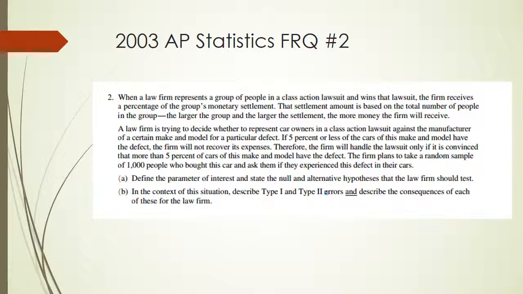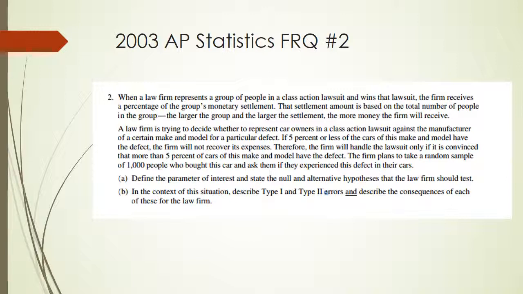So here we have an example of an AP Stats exam free response question. And so this one asks, when a law firm represents a group of people in a class action lawsuit and wins the lawsuit, the firm receives a percentage of the group's monetary settlement. That settlement amount is based on the total number of people in the group.